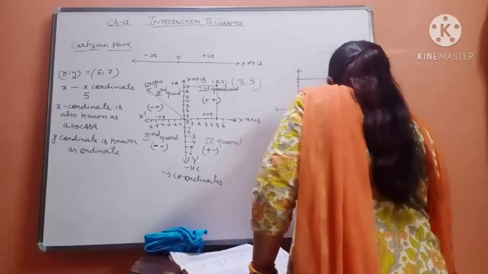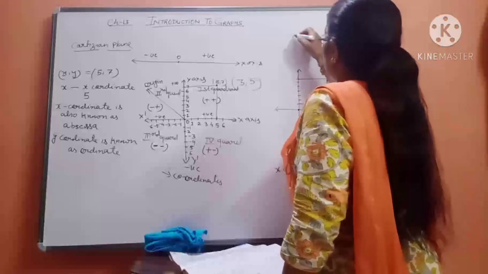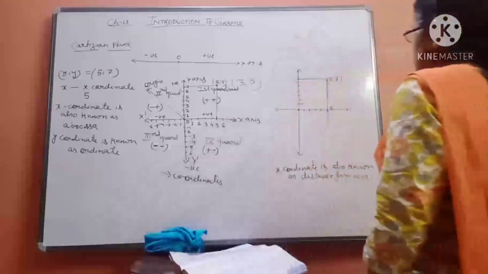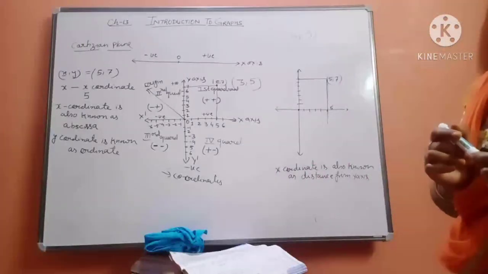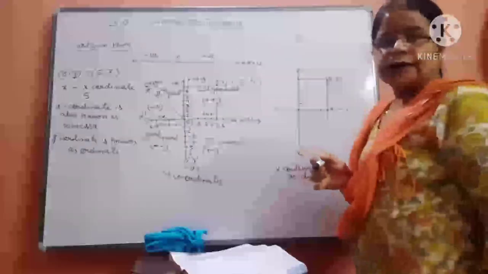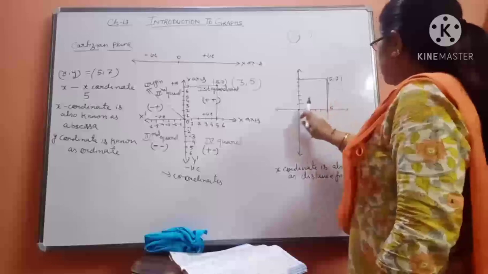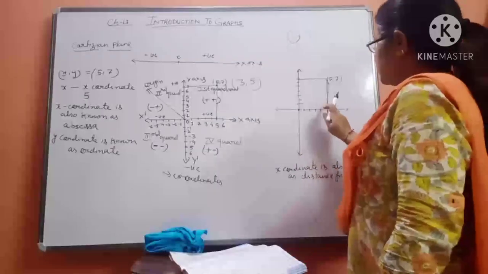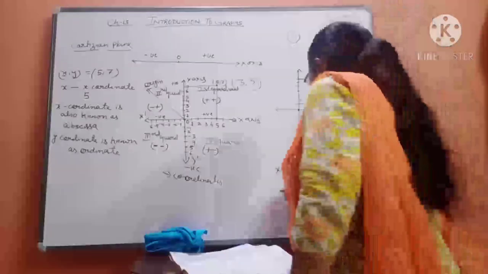If I tell you that in the given point 5, 9, tell me the distance from the y-axis, at that time you can directly write that the distance from the y-axis will be 5, because you can see that this line is 5 points away from the y-axis, and the x coordinate is known as the distance from the y-axis.